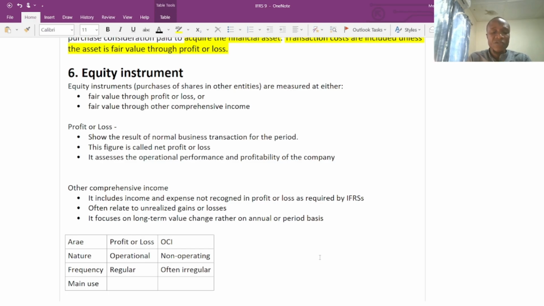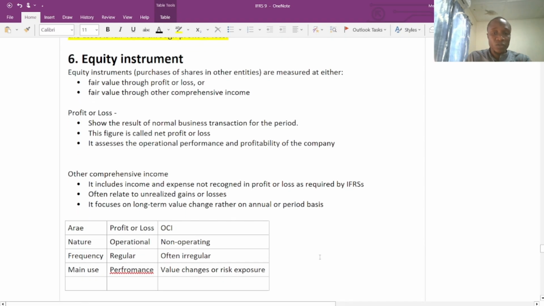We are using the profit or loss for performance basis, whilst we are using the OCI to reflect the possible changes in value, or we're going to look at the risk exposure. So these are some basic comparisons, and also very important.